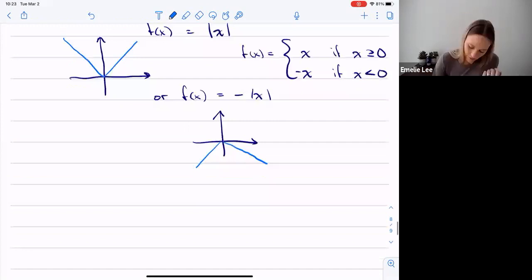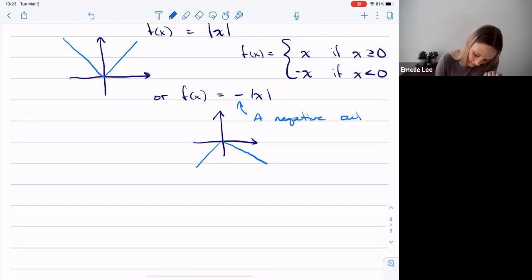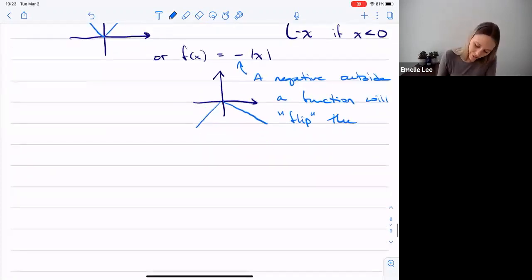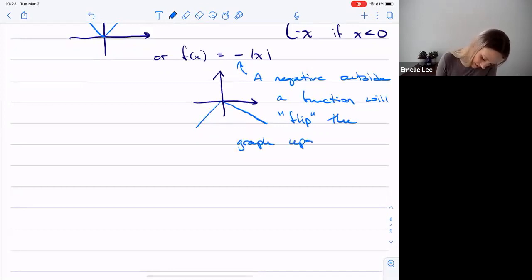So a negative outside a function will flip the graph kind of upside down.